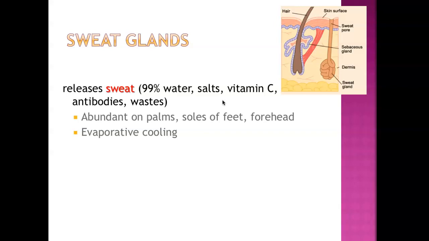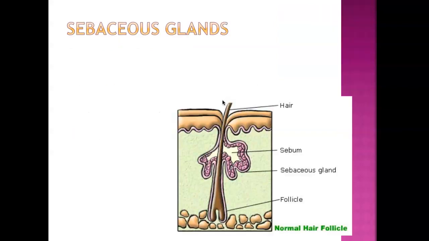Evaporative cooling is what sweating achieves, and what happens is salt and water are going to leave through the sweat gland, and they're going to bring heat with them. And then when it evaporates off of the skin, the heat gets taken. So it actually cools you off. Isn't the actual sweat on you? It's when the sweat gets evaporated and it takes the heat with it. So something kind of interesting.